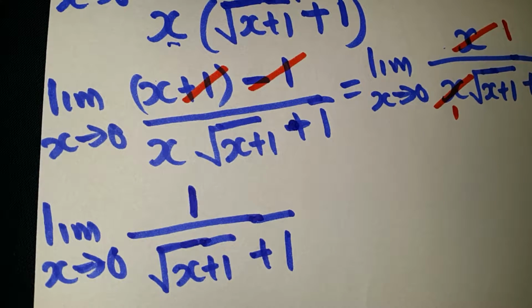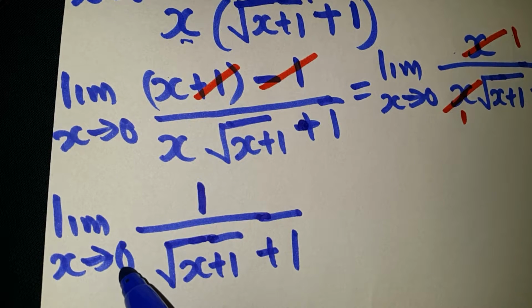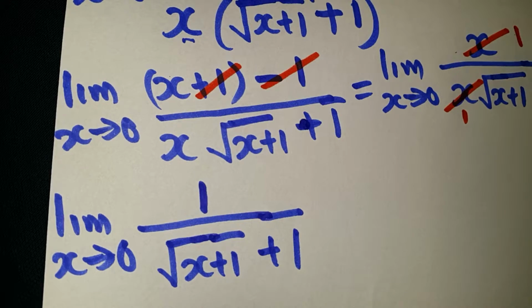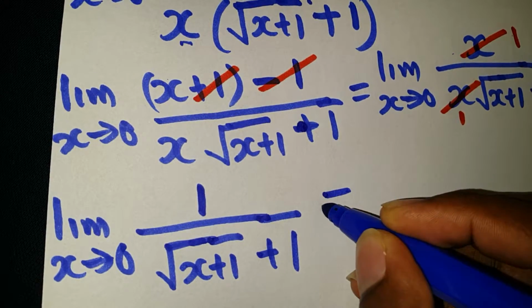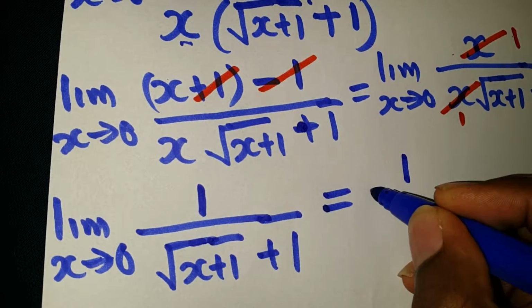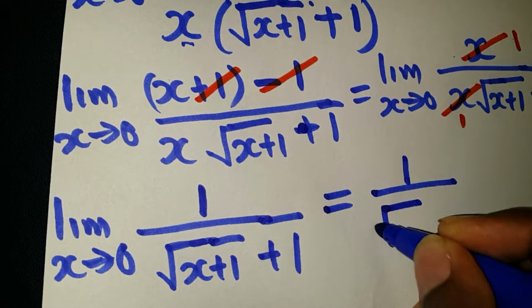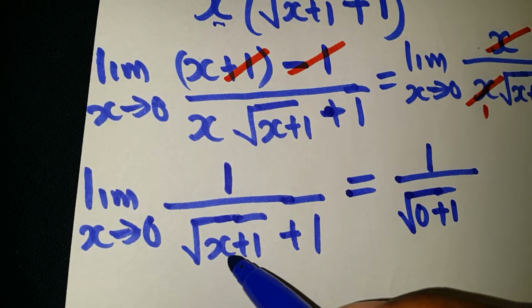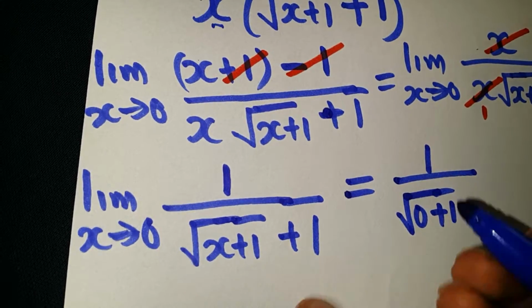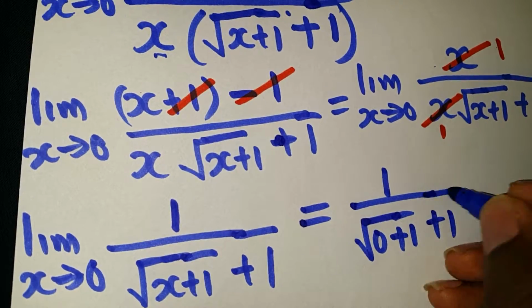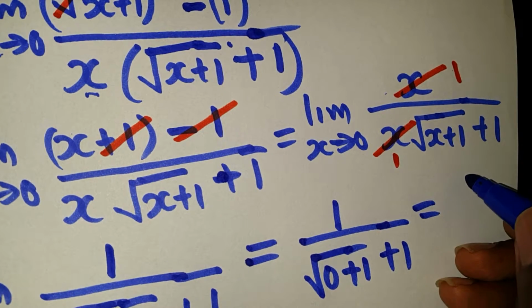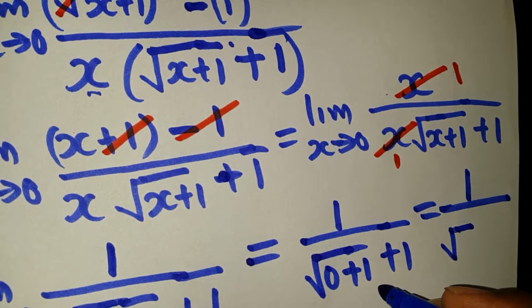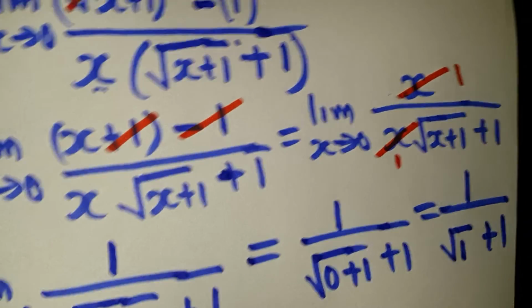Now we can put what our x is tending to, which is 0. We can now put it in our function. Let's put it there. We have 1 divided by root 0 plus 1, plus 1. I'm replacing our x with 0, what our x is tending to. We have 1 divided by root 0 plus 1, which is 1, plus 1.